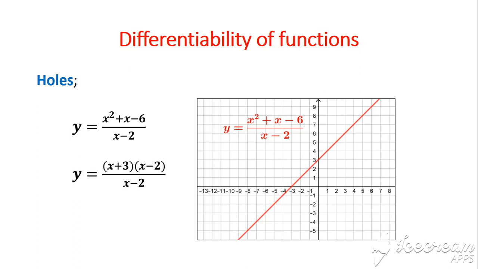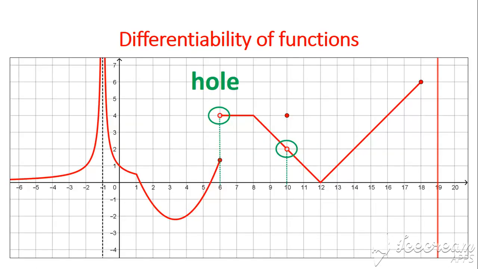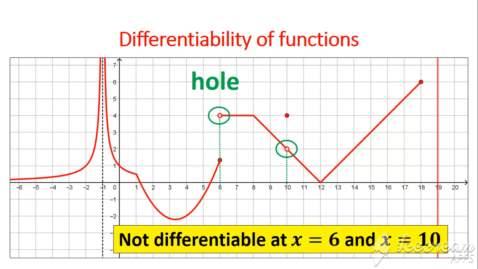When we take the top part and factorize it to 2 brackets and cancel out the x minus 2's, we're left with x plus 3, which is a straight line. But because we've got this x minus 2, we can't divide by 0, so 2 minus 2 is 0. So when x is 2, we can't have a value for the function, so we put a hole in. Well, holes are not differentiable.